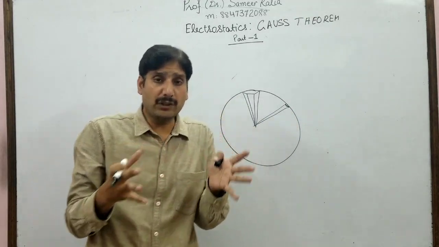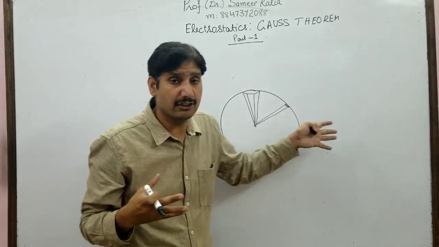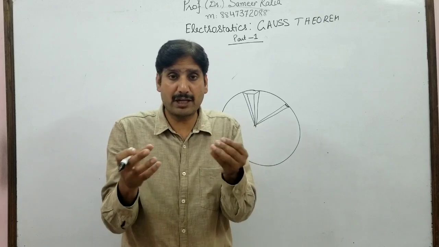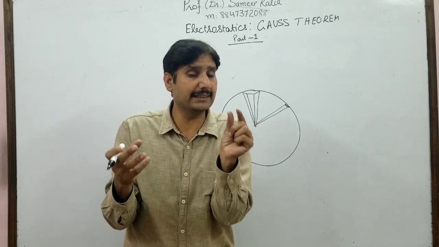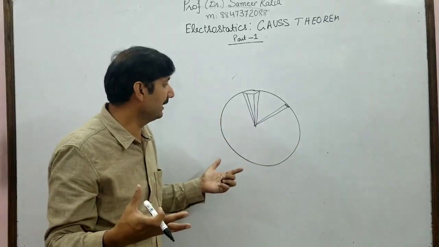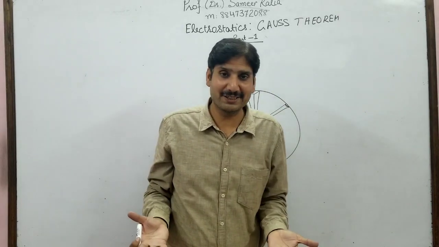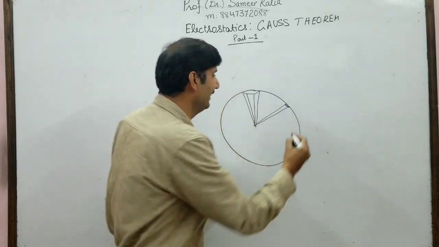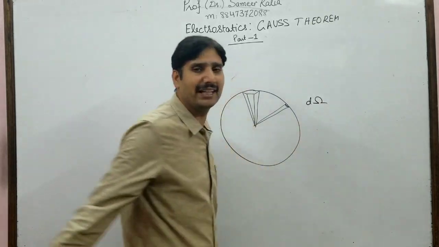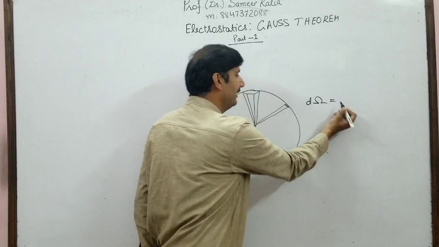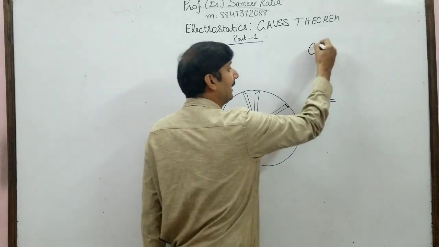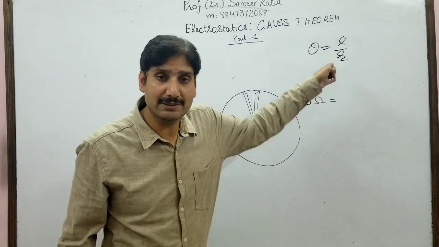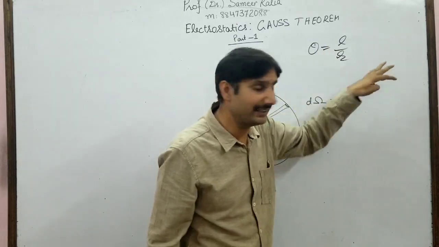So the solid angle is something like, in the case of planar angle, the angle represents part of the circle. How much part of the circle that section is representing, that's what you call planar angle. And similarly, here, how much part of the sphere is being represented by that cone, that's what you call solid angle. Solid angle is generally denoted by d omega. For example, theta was called L over r, the length of the arc over the radius vector, which was dimensionless by the way, and units were radian.